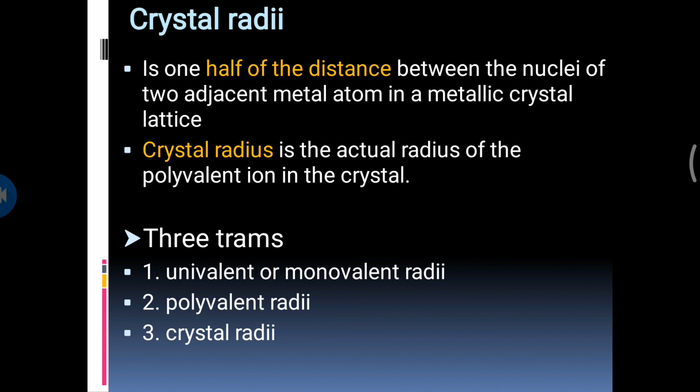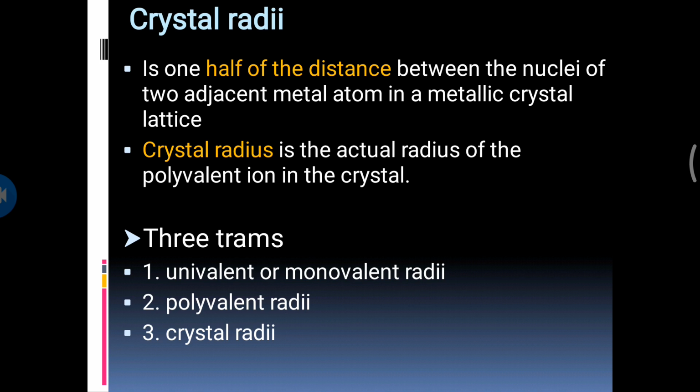Similarly for the chlorine ion. The chlorine ion gains one electron to form the chloride anion, a negatively charged ion. These are also univalent or monovalent ions, and their radii are called monovalent radii.